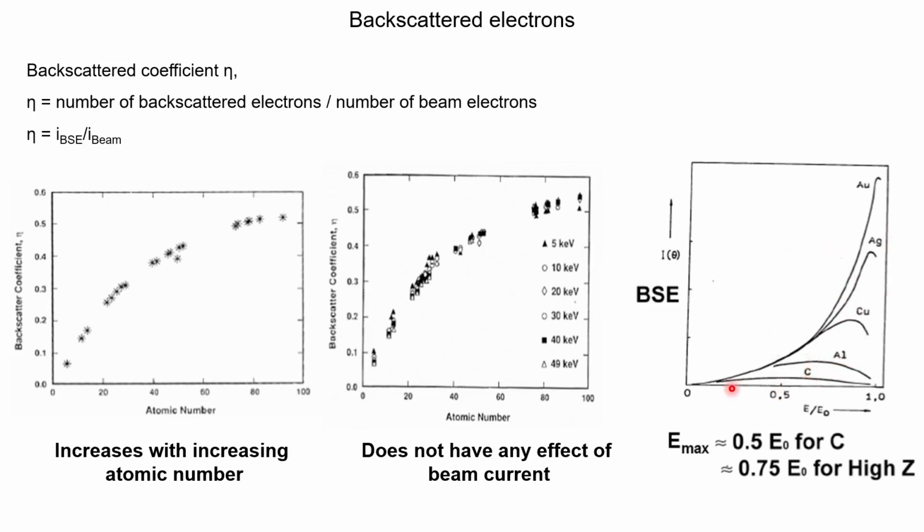At lower atomic number it will be lower, and at higher atomic number, like for carbon it's like this, and for aluminium it increases, for copper it increases further, and it increases from silver to gold. So as we go from lower atomic number to higher atomic number, the backscattered electron yield will increase. These things should be clear to everyone. If there is any doubt, then please let me know. Otherwise, we'll move to the next, secondary electrons.